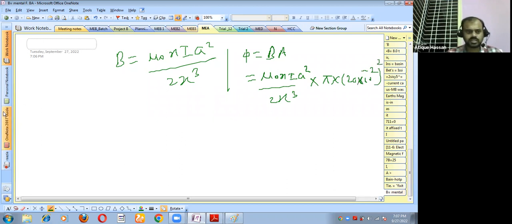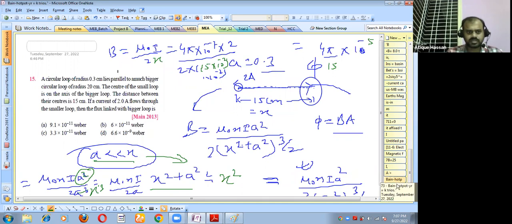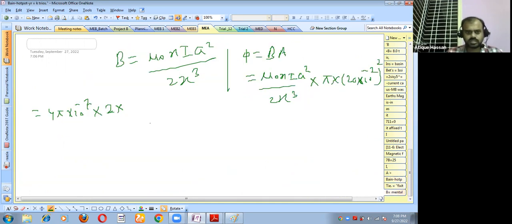So now putting the values: 4 pi into 10 to the power minus 7 into current, which is 2 ampere, and the radius of the smaller loop. What is the radius of the smaller loop? 0.3 centimeter.